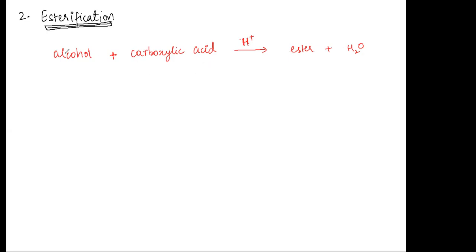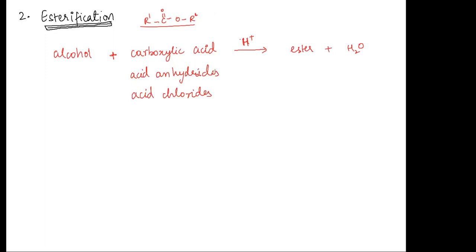But esters can also be produced as long as you have a C double bond O group, which can be attached to the alcohol's R group, the RO group, to form an ester. So besides carboxylic acid, you can also do it with acid anhydrides, and you can also do it with acid chlorides.